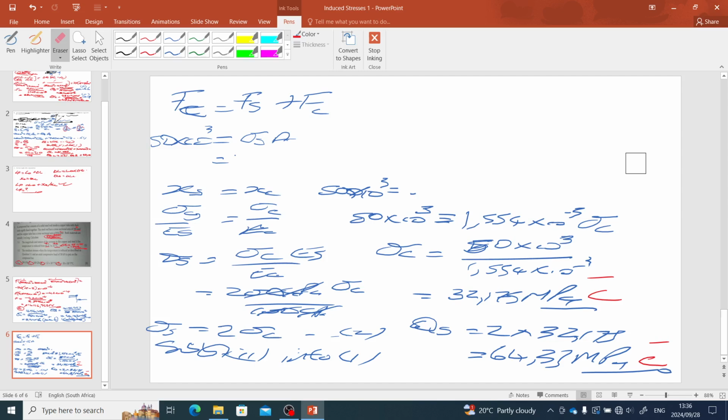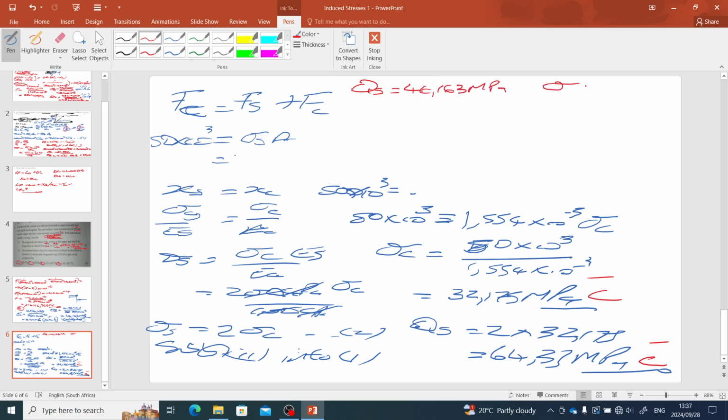Now, remember the force under your inducement. The first part under your inducement, we had the stress steel as 46,163 megapascal.